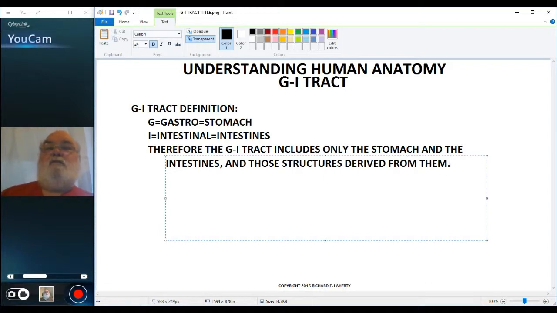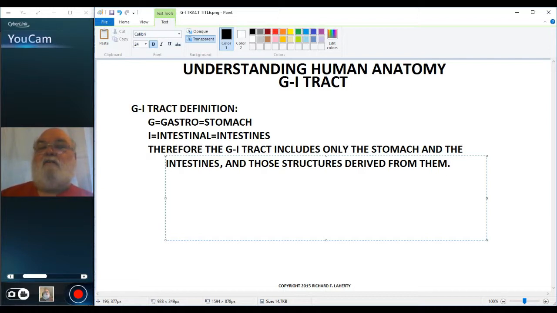So the GI tract does not include the oral cavity, the pharynx, the esophagus, nor does it include the anus. The digestive tract would include all of those.